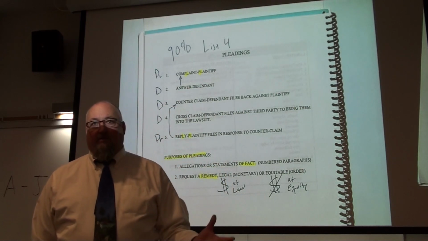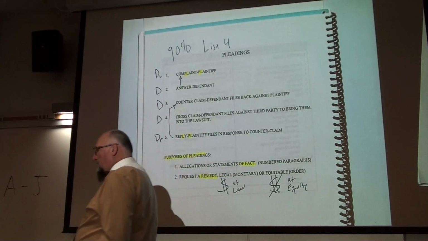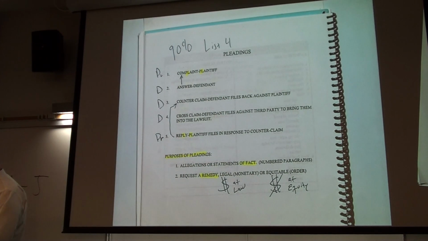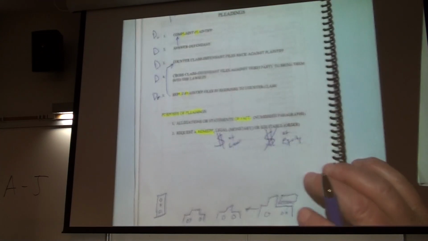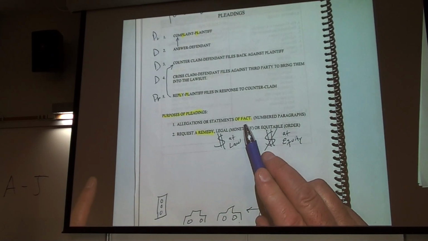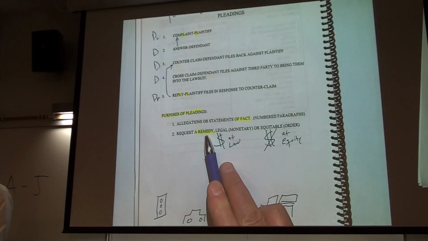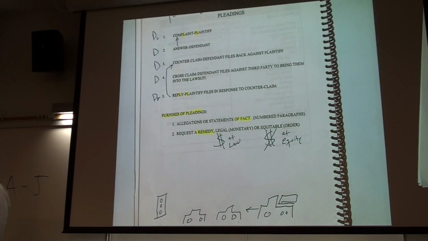Or true or false, the plaintiff files a reply. The answer is true. So if it's got PL, that is the plaintiff. All right. And then I also want you to know the 2 basic purposes of pleadings, and that is statements of fact and telling the judge what remedy you want as an outcome of the lawsuit.